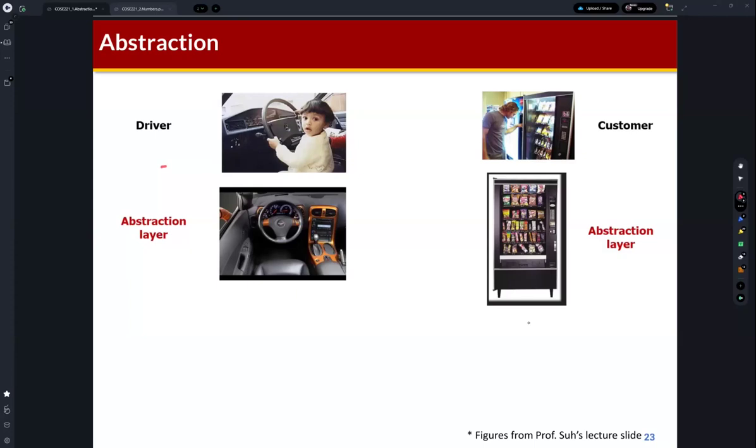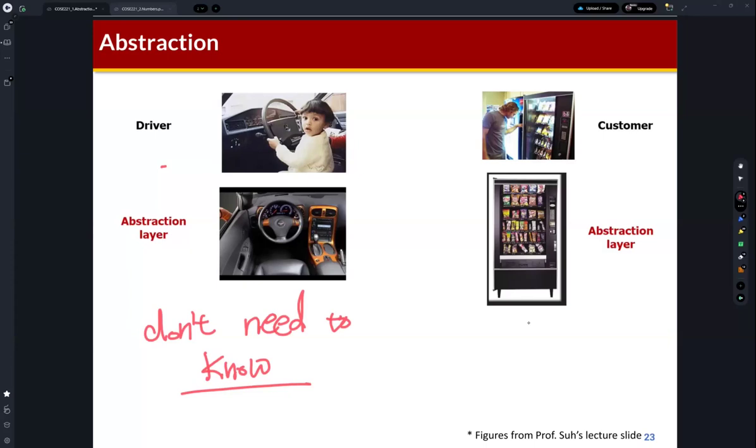How? We don't need to know the detailed mechanism or detailed components inside of a car to drive a car.